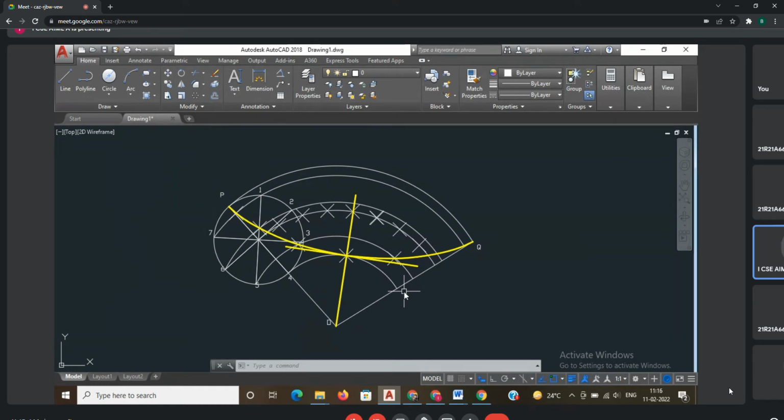Otherwise, if you don't have the time, you can draw it this way. But if you try this in the mid exams, I won't accept it. I will put zero. If it is for the end exams, no problem, because end exams are corrected by some other people. Mid exams are also corrected by other people, but they won't accept it.